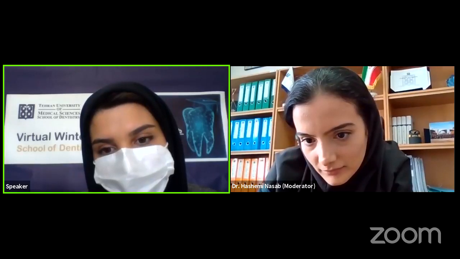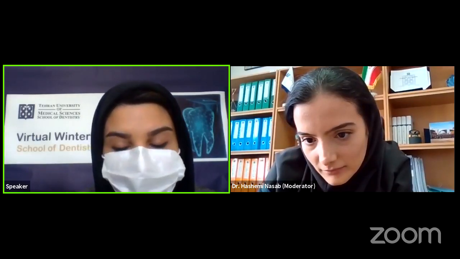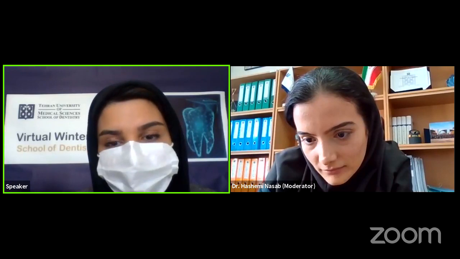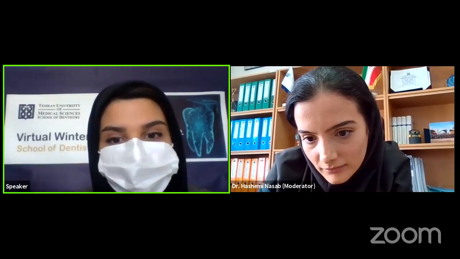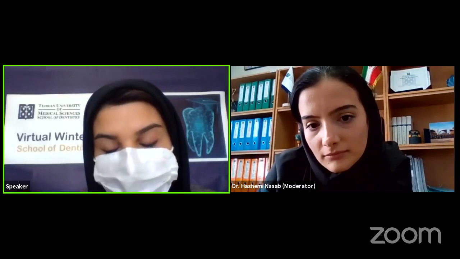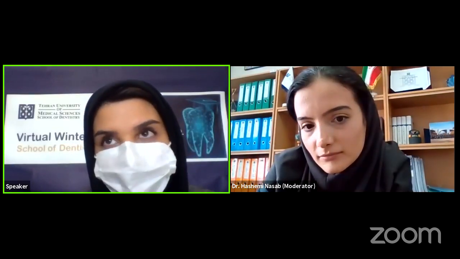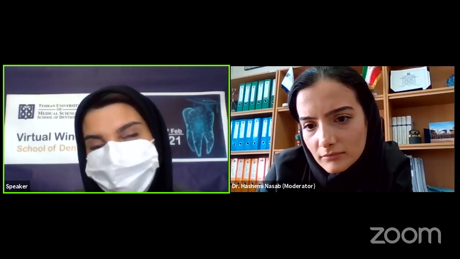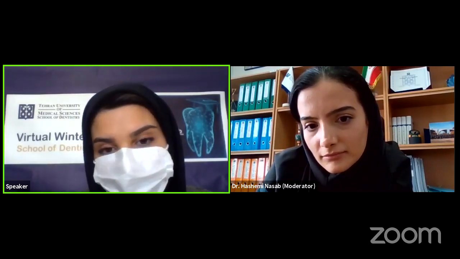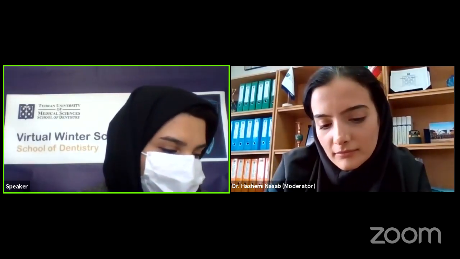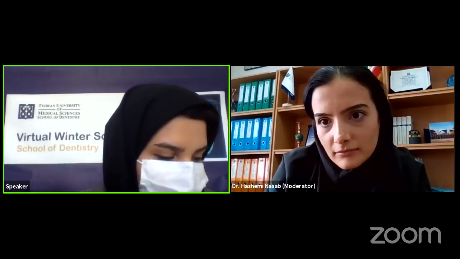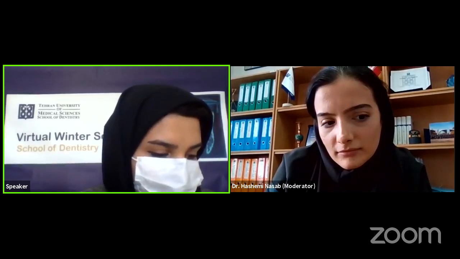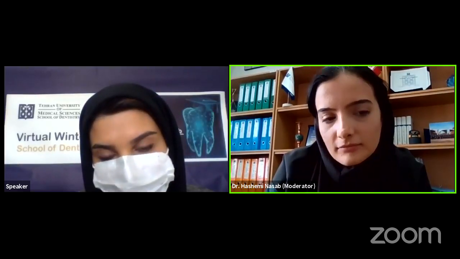And if we follow the direction of the tooth with drilling, the buccal bone would be perforated. Then we must tilt the angulation of drilling palatally so that we can gain primary stability from the palatal bone. Otherwise, it's better to drill parallel to the adjacent teeth, and we can get good primary stability.